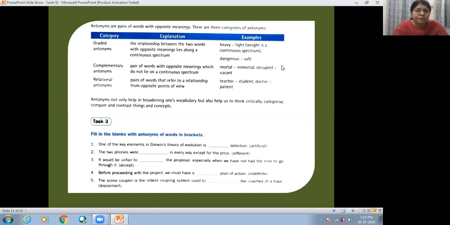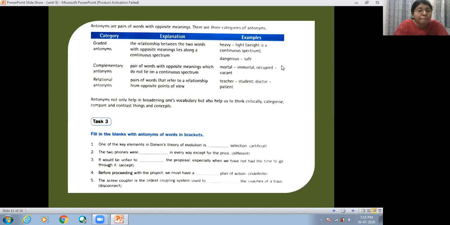The meaning is, the relationship between the 2 words with opposite meaning lies along a continuous spectrum. So the examples are given for you there. Heavy, light. Weight is a continuous spectrum. So heavy, light, same spectrum, same line.